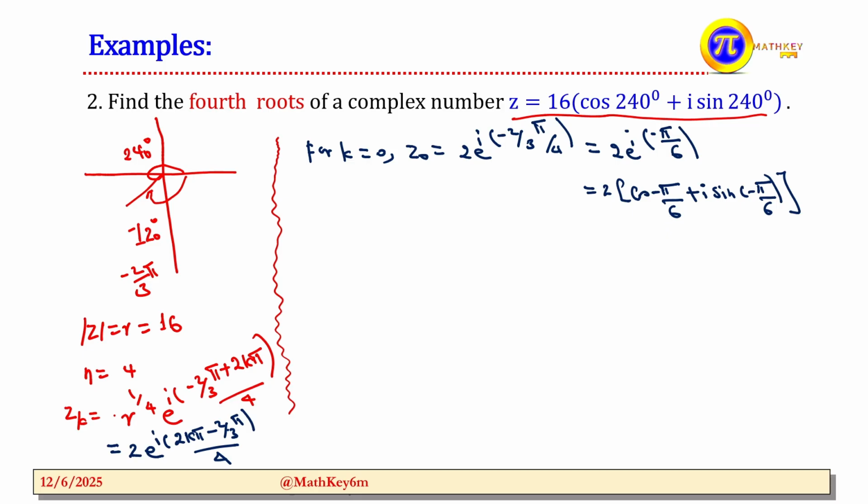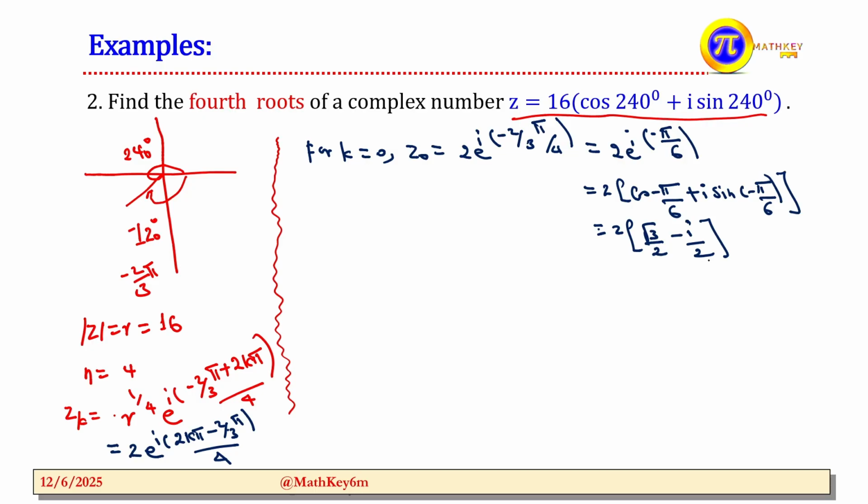That means cos of 30 degrees is equal to 2 into the square root of 3 over 2. Similarly, sine is an odd function, so sine of negative pi over 6 is equal to negative of sine of pi over 6, or sine 30 degrees. This means minus half.